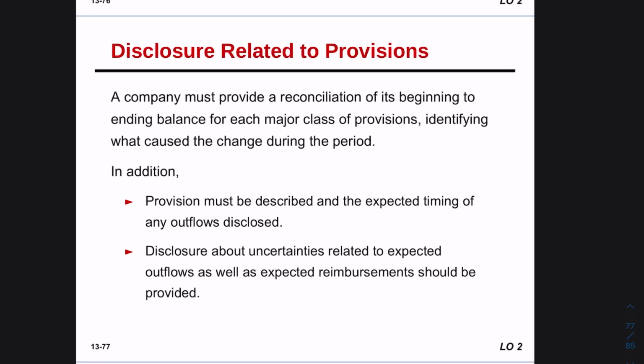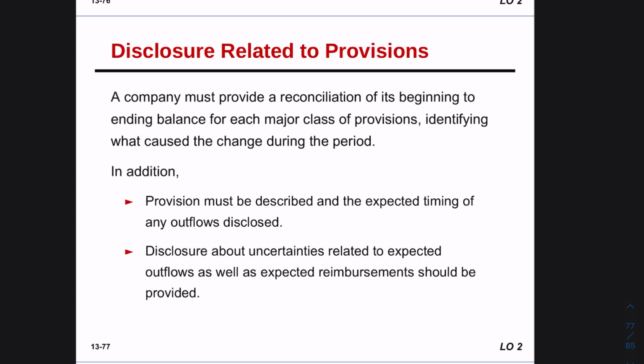For the disclosure related to provisions, the company must provide a reconciliation of its beginning to ending balance for each major class of provision, identifying what caused the change during the period. Simply put, provisions must be described, and the expected timing of any outflows should be disclosed. Everything should be clear in the notes and explained fairly.